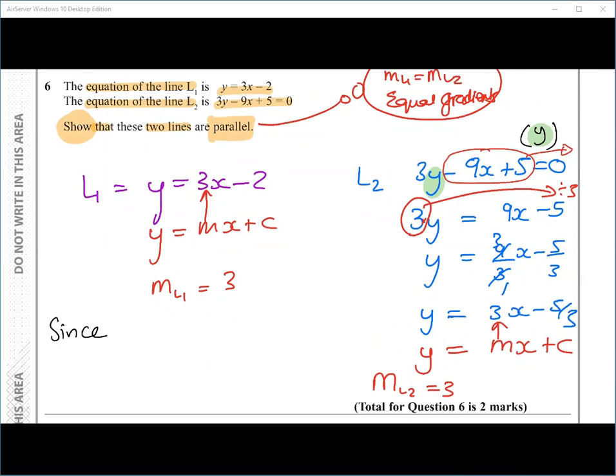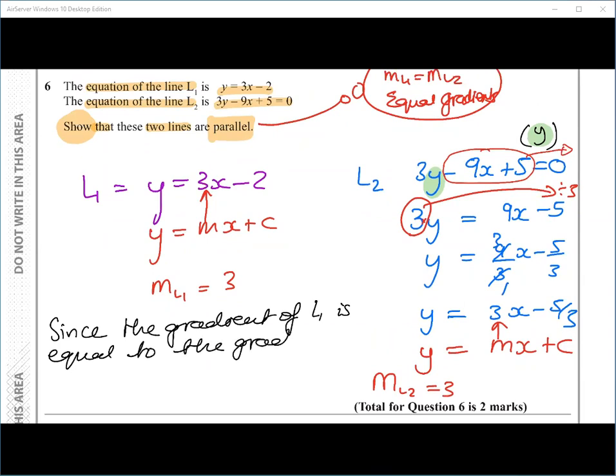So: since the gradient of line 1 is equal to the gradient of line 2, i.e. the gradient of line 1 equals the gradient of line 2, equal to 3, therefore L1 and L2 are parallel.